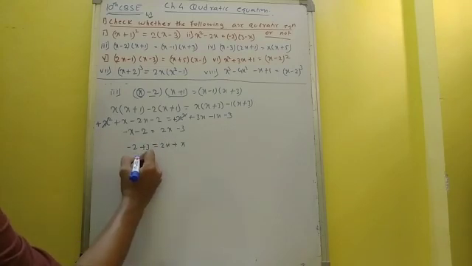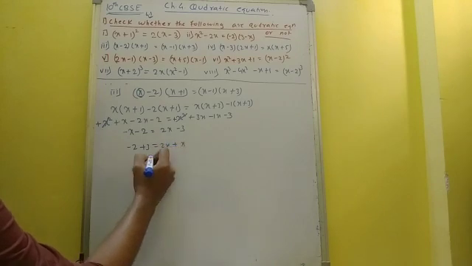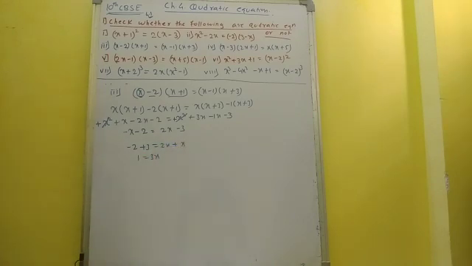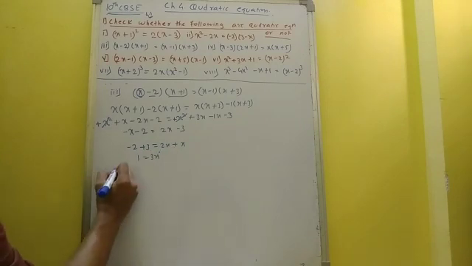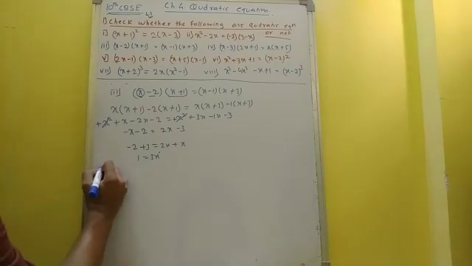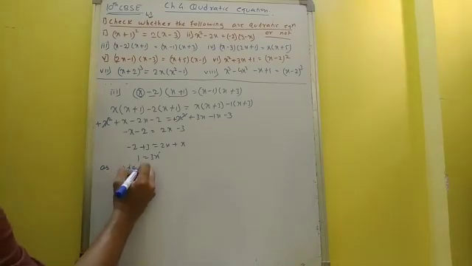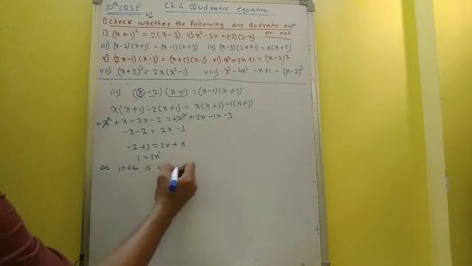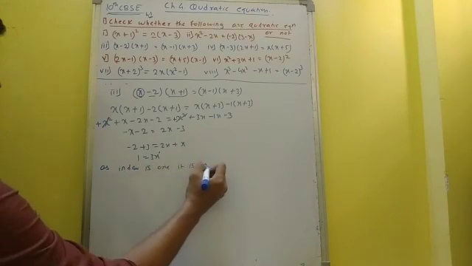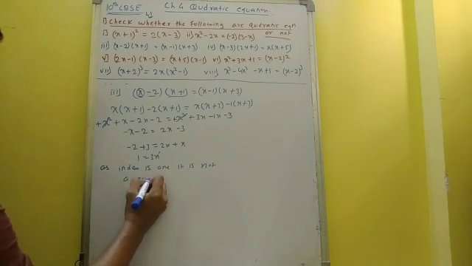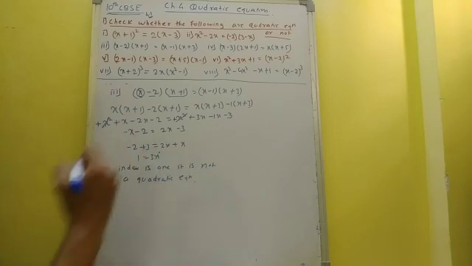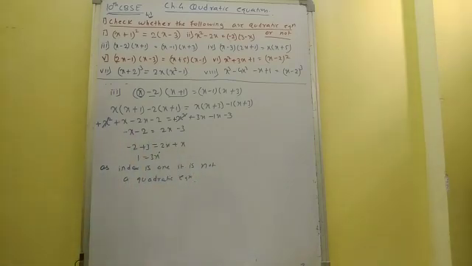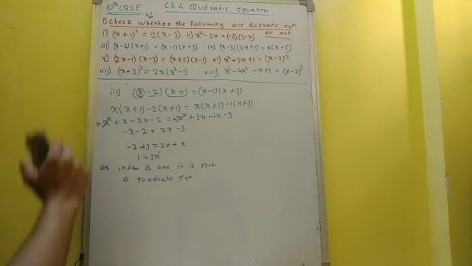So 3 minus 2 is 1, and 2x plus x is 3x. So we have order 1, therefore the index is 1, it is not a quadratic equation. So this was the third one. Take the screenshot, I will do the fourth one.